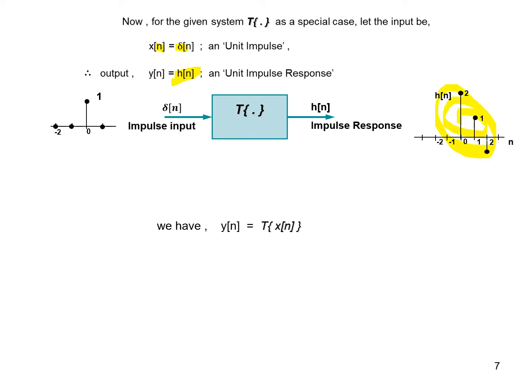I have taken this as an example, and whatever T is, it is simply represented by this h of n. What is the meaning of that? The meaning is, once you know the impulse response of an LTI system, you can find the output of that system for any type of input by using a process called convolution.